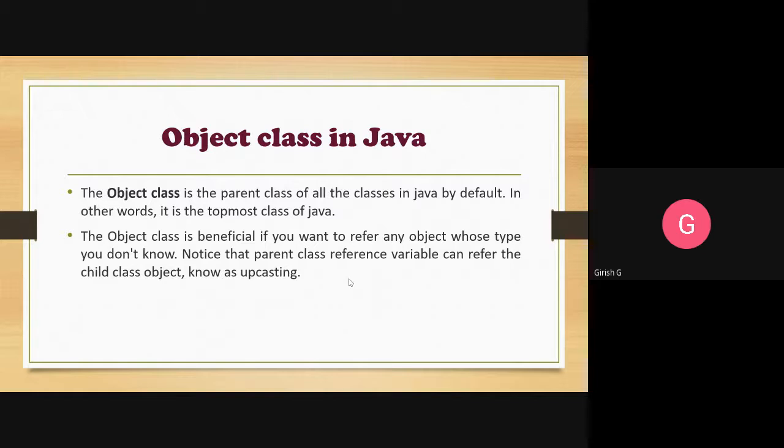The object class is beneficial if you want to refer to any object whose type you don't know. Note that a parent class reference variable can refer to a child class object, known as upcasting. In typecasting we have upcasting and downcasting, right?